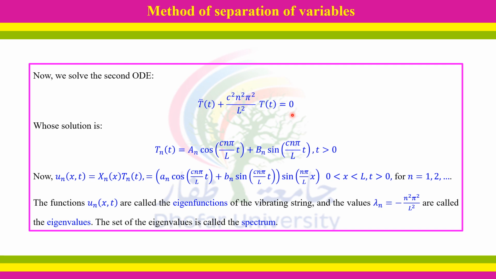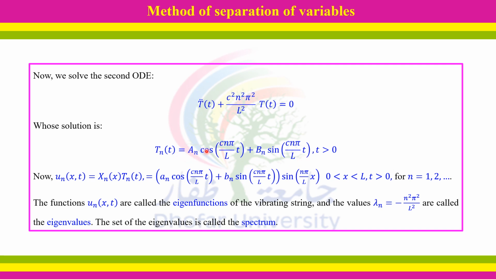Then we obtain this differential equation. And when we solve this differential equation, the solution is again in terms of cosine and sine functions. So we write T_n of t equal A_n cosine c n pi over L t plus B_n sine c n pi over L t.